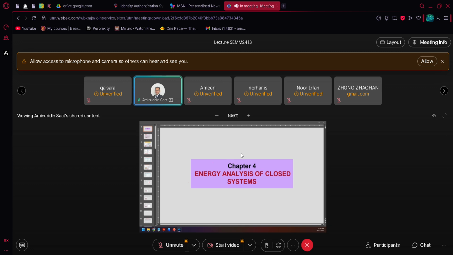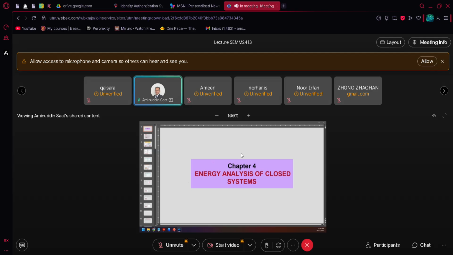So for this chapter 4, we will start the energy analysis of the closed system. Like I said, in chapter 3, last week, we discussed energy and energy transfer, and how energy is defined for a system. Energy can be defined based on the internal energy, the potential energy and the kinetic energy.